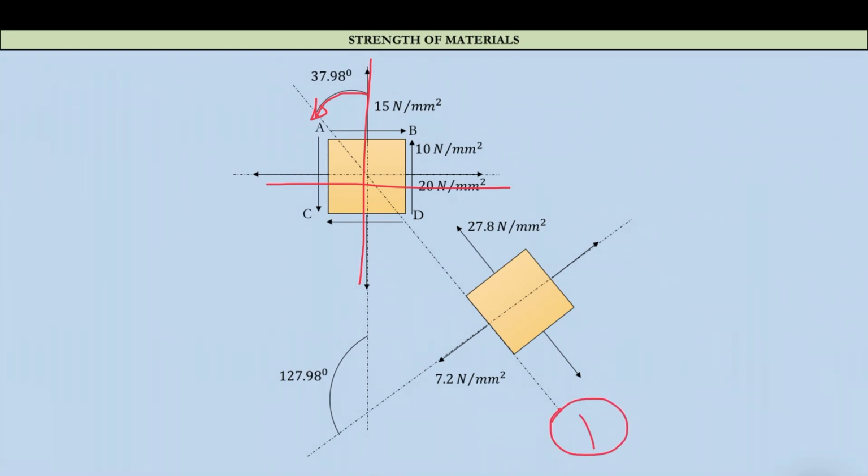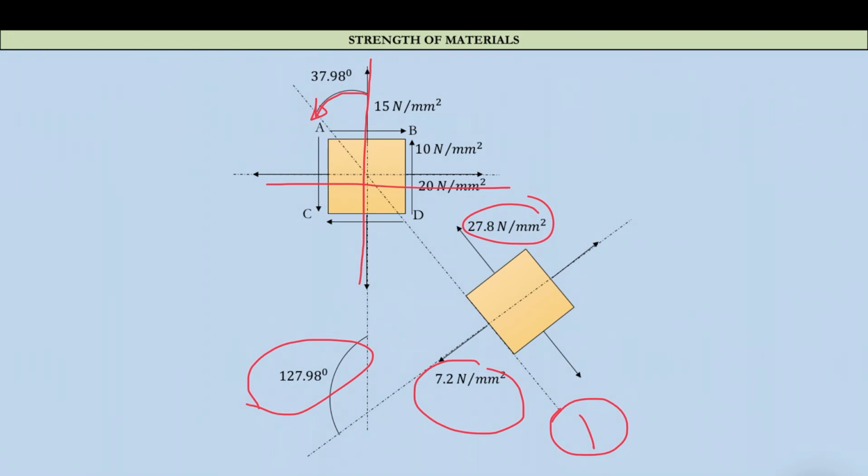On this plane sigma n is coming out to be 27.8 megapascal, the normal stress on this plane. Okay, now after adding 90 degree, you will get 127.98, and on this plane we have 7.2 megapascal as the principal stress.